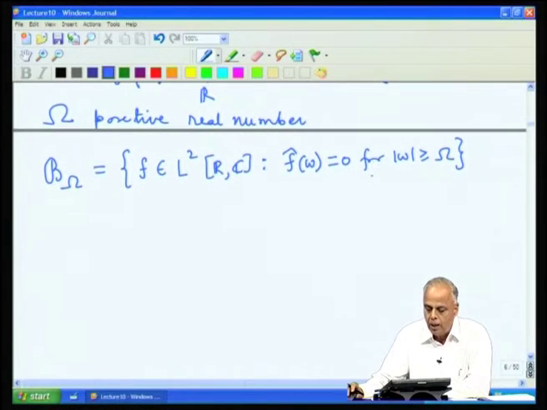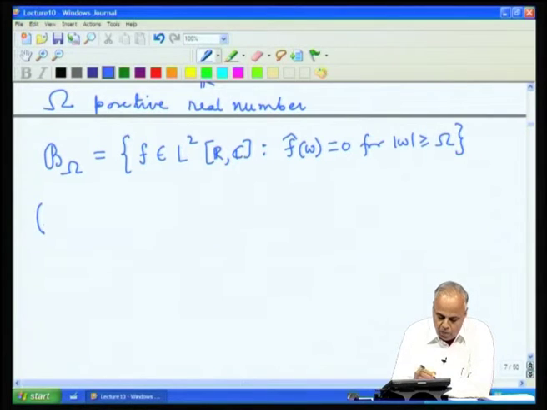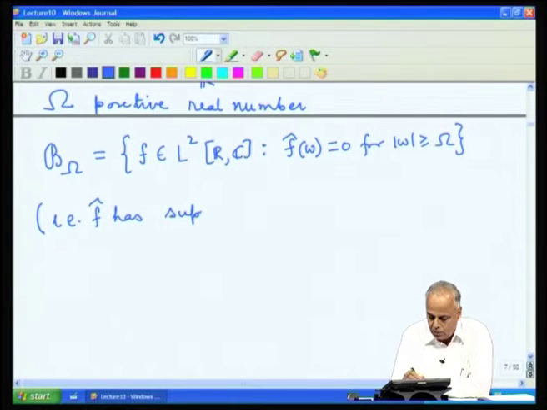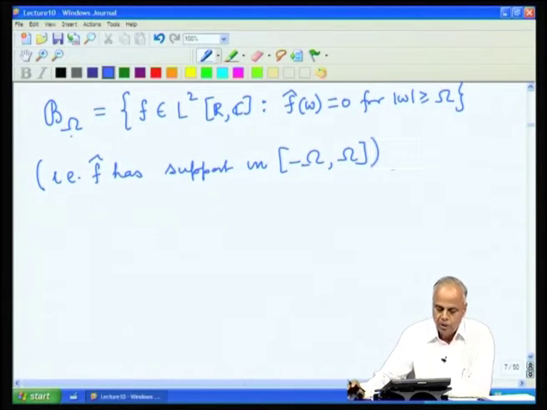So, we are looking at all those functions in L2 R for which the Fourier transform is 0 beyond a certain stage. We say that the Fourier transform has support in the interval minus omega omega, that is, f hat has support in the interval minus omega omega. Outside this it is 0.